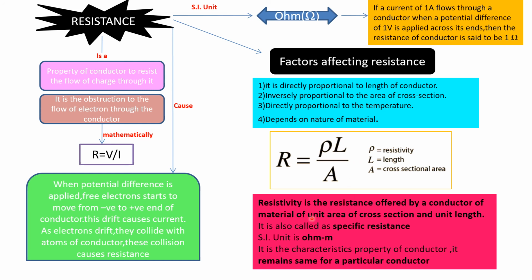Okay? अभी ये समझना बहुत जरूरी है कि resistivity एक कंडक्टर की कैरेक्टरिस्टिक प्रॉपर्टी होती है. When I say characteristics property एक कंडक्टर की सेम रहती है irrespective of the dimension. What do I mean by that?